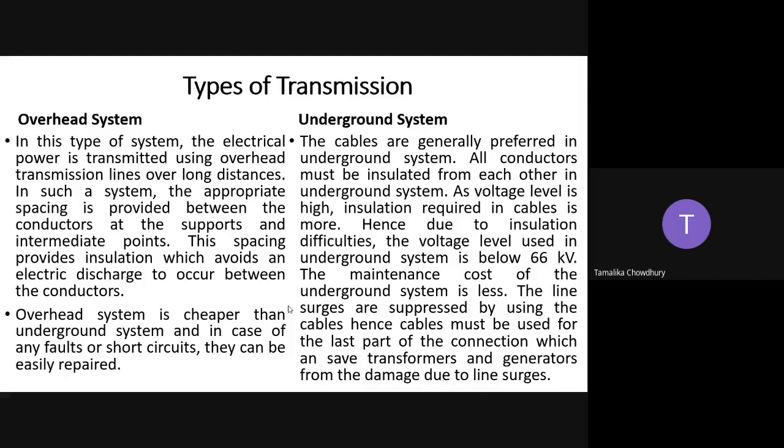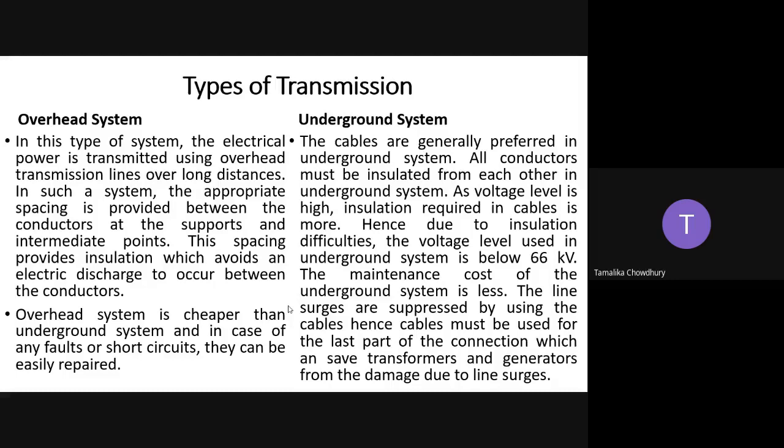The line surges are suppressed if we use the underground system. For example, lightning can cause a surge. That surge can affect first the cable, then the conductor. Insulation must be very proper so that proper protection is given against this surge. That is why, if we lay it underground, the surge is automatically suppressed.